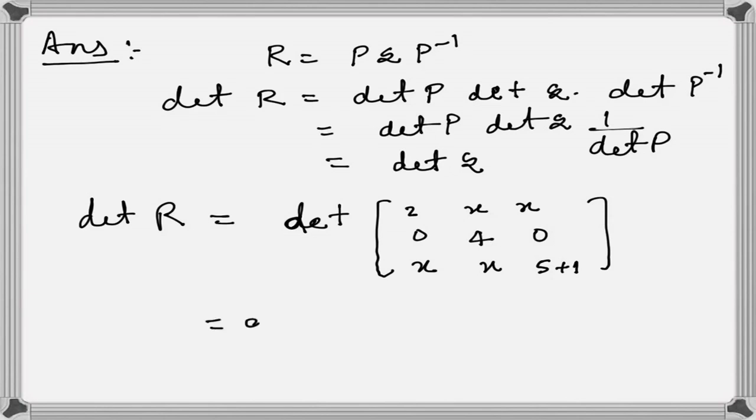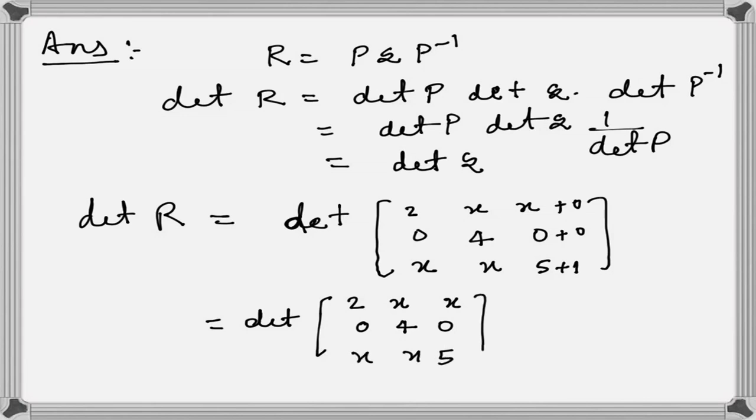The first is the determinant of 2x, x, 0; 4, 0, x; x, 5, plus the determinant of 2, 0, x; x, 4, x; 0, 0, 1.